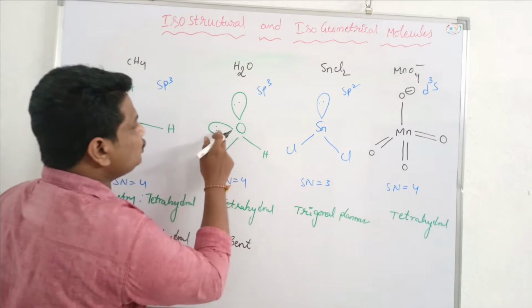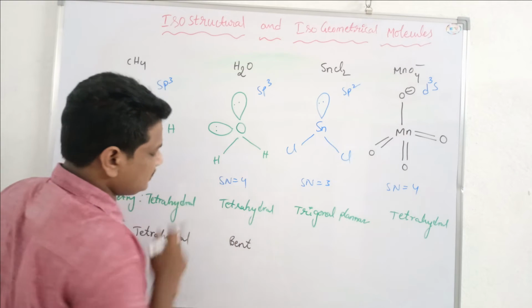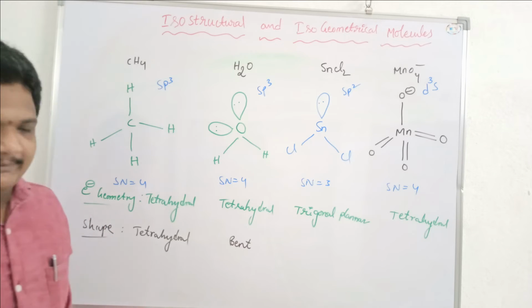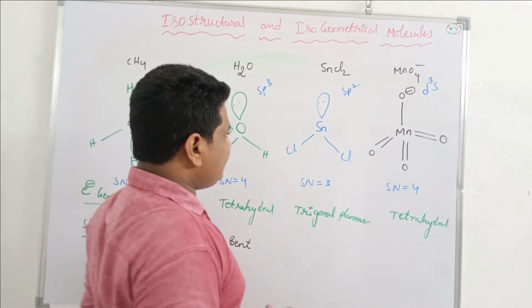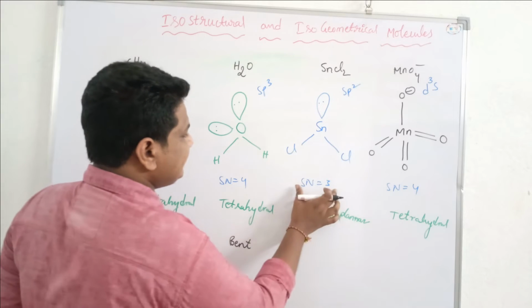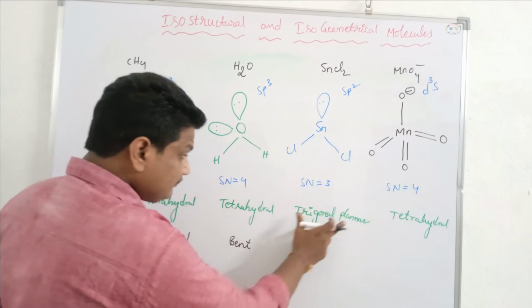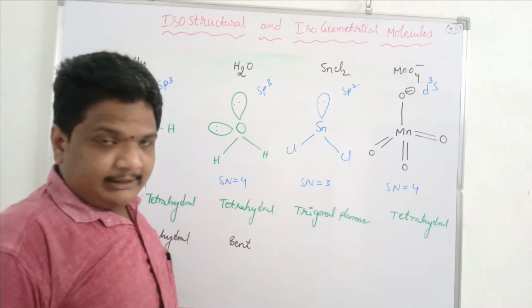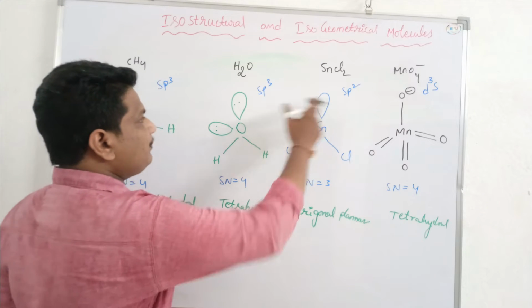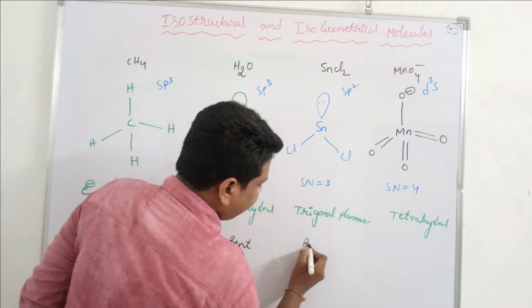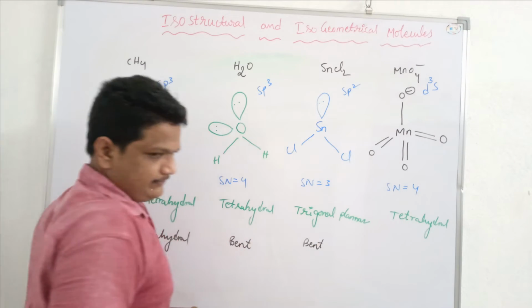Here we have two lone pairs and two sigma bonds, so it has a bent or V shape. SnCl2 has steric number 3, so the geometry is trigonal planar, but due to the presence of the lone pair, here also we observe a bent or V shape.